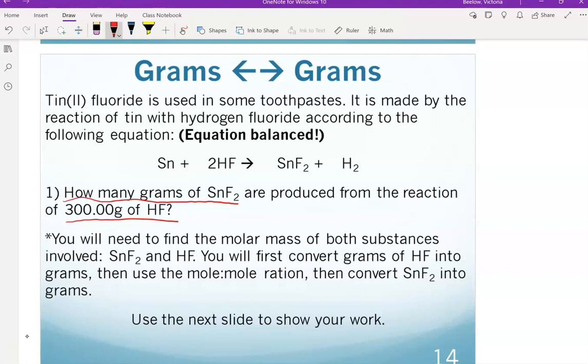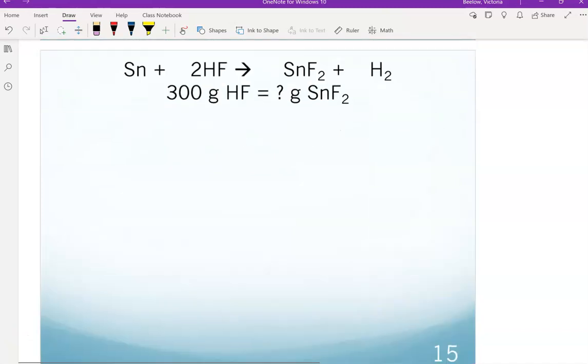When you see grams and grams in the problem, you're going to have to find the molar mass of both of those substances, and you will have to use the balanced chemical equation. So I'm going to go ahead and start the problem on the next slide.